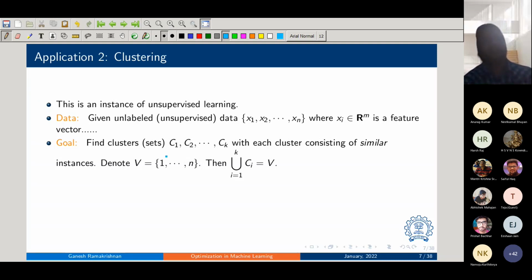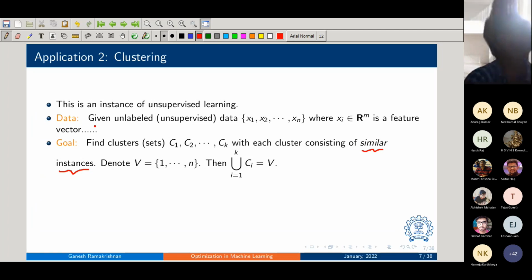We are trying to find clusters C1 to Ck such that each cluster consists of similar instances. Now there's a notion of similar. How do you characterize similarity? The examples will correspond to definitions of similarity. I would like to hear from you. What is the notion of similarity here? What would you expect from measurements of similarity?